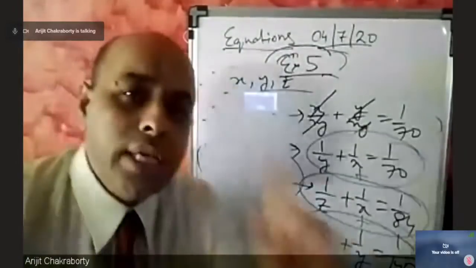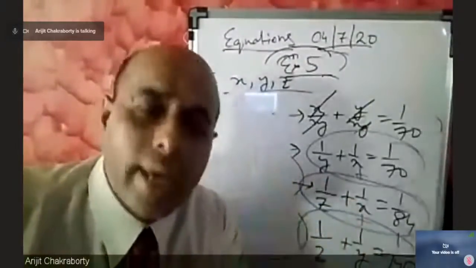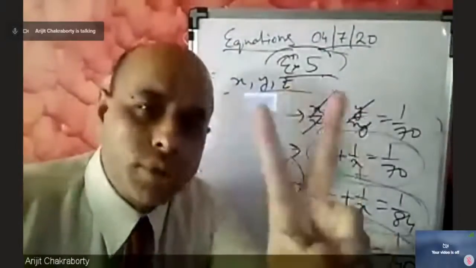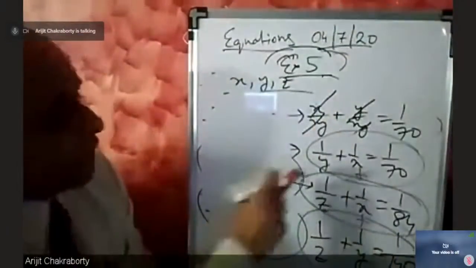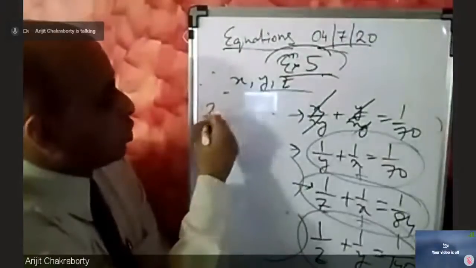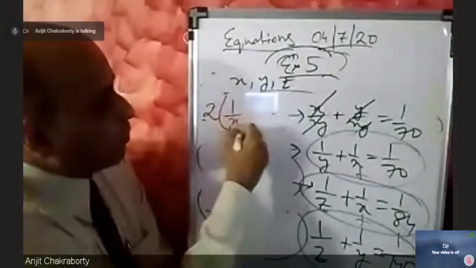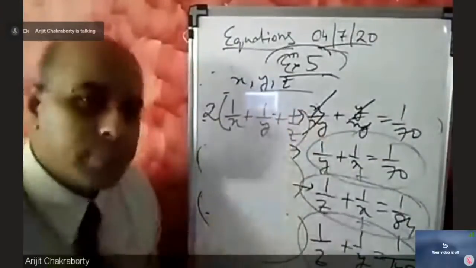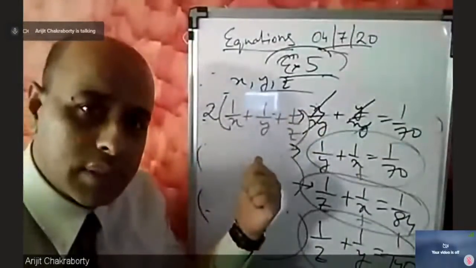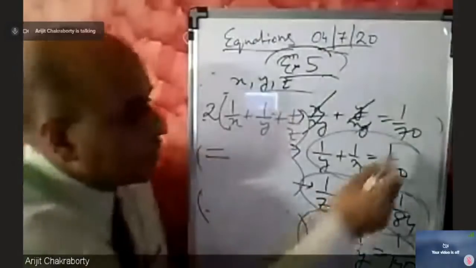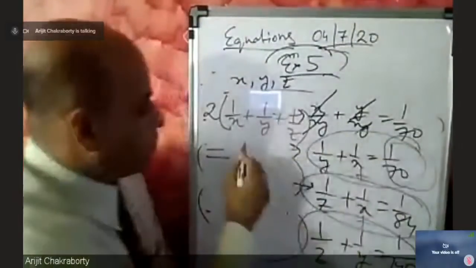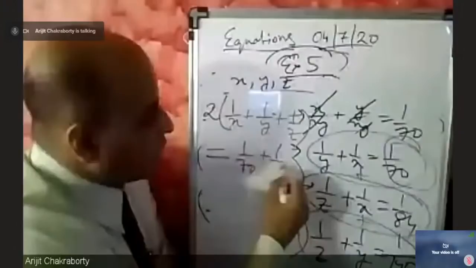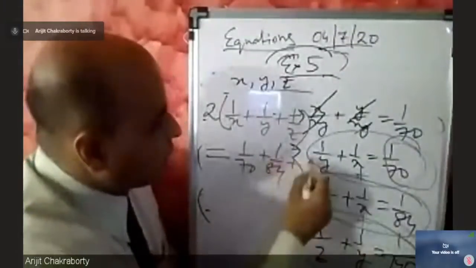So each term x, y and z is coming 2 times. So we are getting 2 multiplied by 1 by x plus 1 by y plus 1 by z. This is what we are getting on the left hand side, which is equal to 1 by 70 plus 1 by 84 plus 1 by 140.